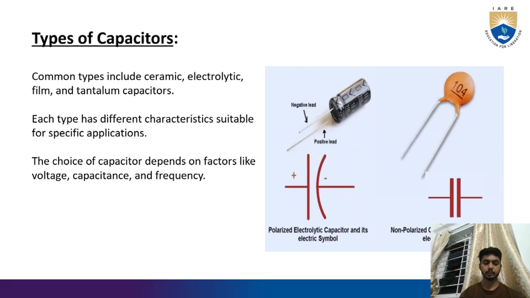Film capacitors are stable and reliable, used in audio and tuning circuits. Tantalum capacitors are compact and durable, often used in portable devices. The type you choose depends on voltage rating, frequency, and application. Each type has different characteristics suitable for specific applications.